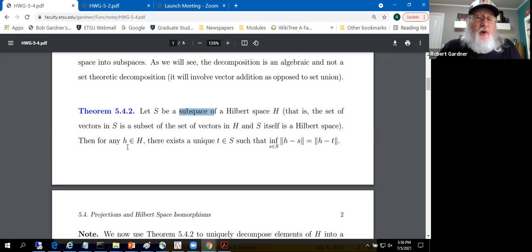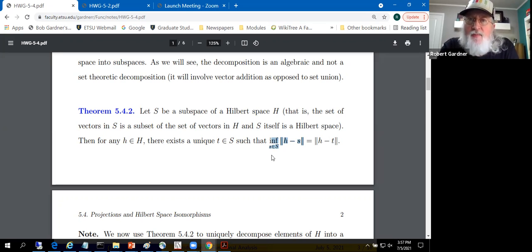Claim is, for any vector H in the Hilbert space, there exists a unique T in S such that the infimum, as vectors S range over subspace capital S, of the norm of H minus S equals the norm of H minus T. In other words, when we consider this infimum for a given H as S ranges over all vectors in that subspace, that infimum is attained.